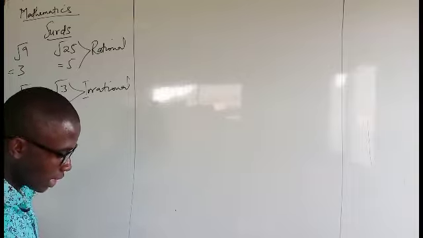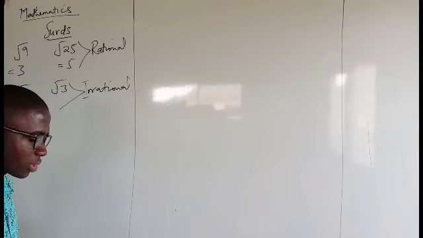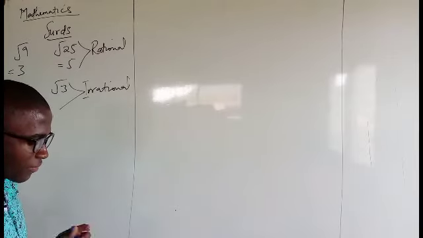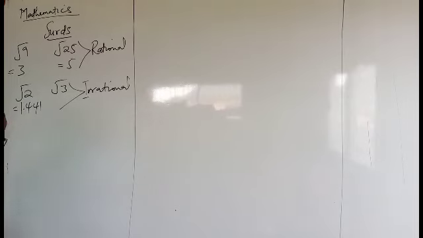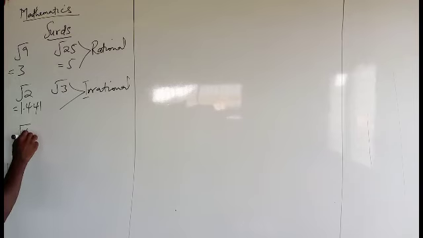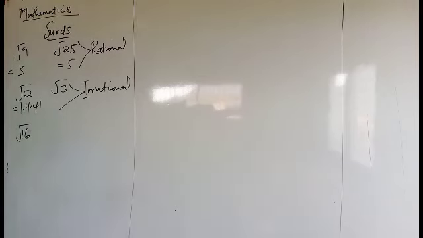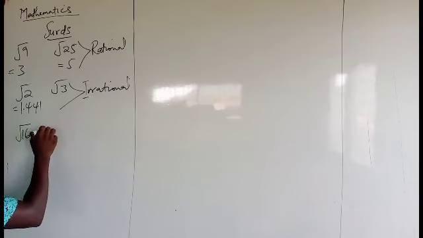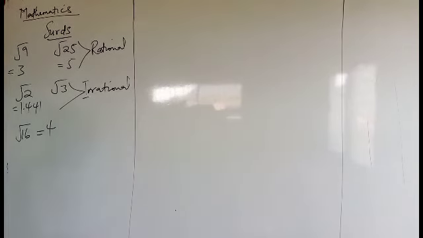So let's look at how to reduce perfect squares to the basic form. Example, we just used root 9. Let's look at root 16. What do you think we'll get? Root 16 is giving us 4.